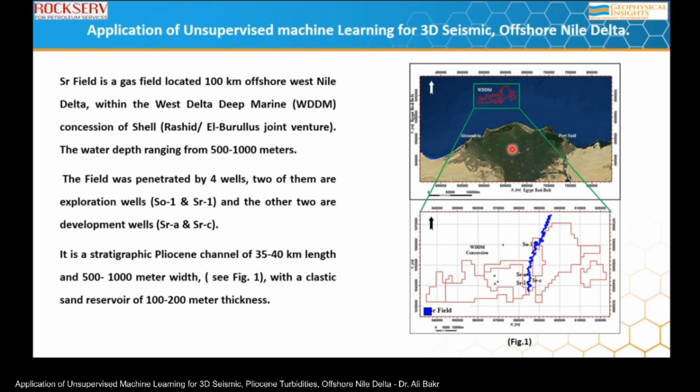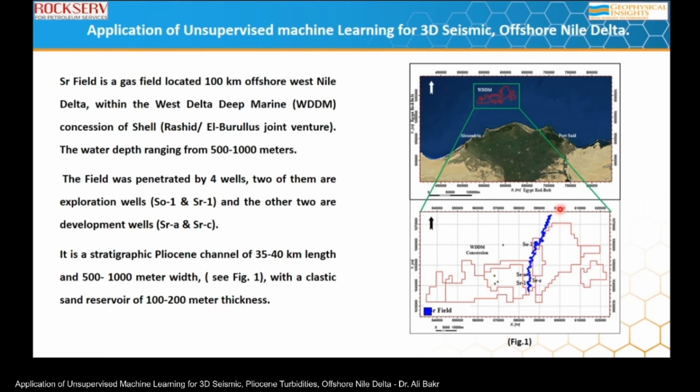The length of the turbidite that we are looking for is almost 35 to 40 kilometers, while the width is again 500 to 1,000 meters, and the thickness of the sand, the reservoir, ranges from 100 meters to 200 meters. This means that it could be resolved easily by the seismic.